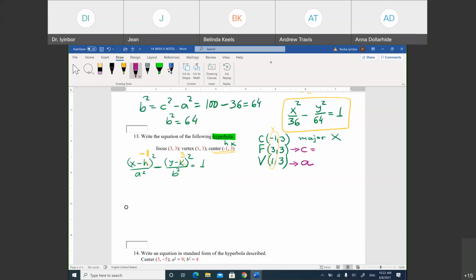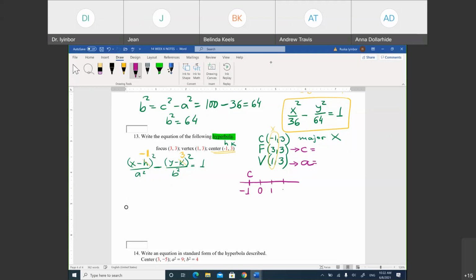Now because the center is not (0, 0), you have to count from the center. So we're going to draw a little graph here, like you did in the first one when somebody asked a question about that. The center is at -1. You're going to count from there: -1, 0, 1, 2, and 3.